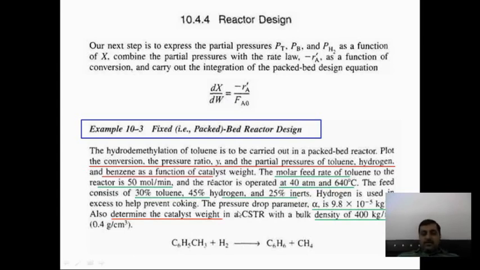In addition, we are given a pressure drop parameter, which is alpha. We also have to determine the catalyst weight here. The data underlined in green are given and what is underlined in red is what we have to find out. For a given bulk density of the catalyst, we have to find out the catalyst weight. So how are we going to do this?